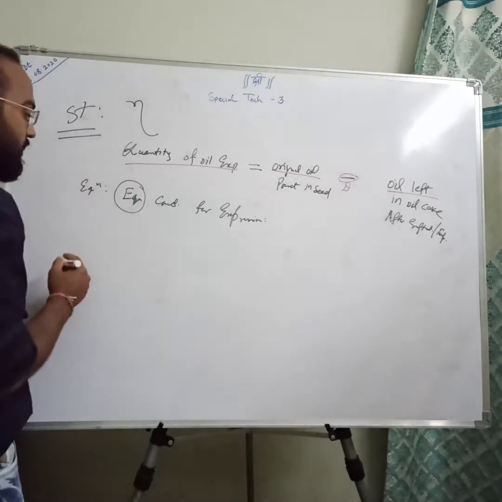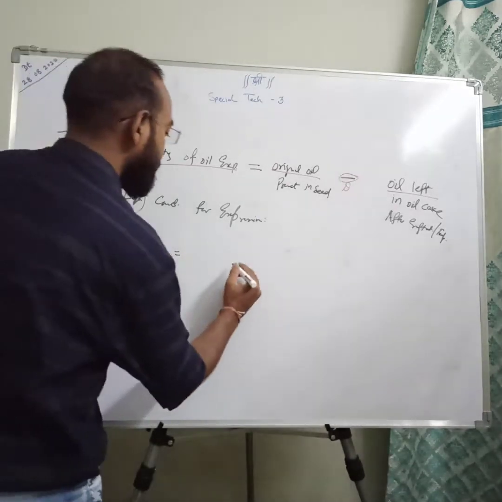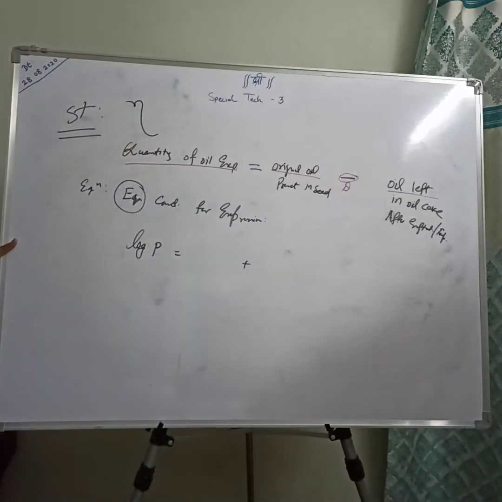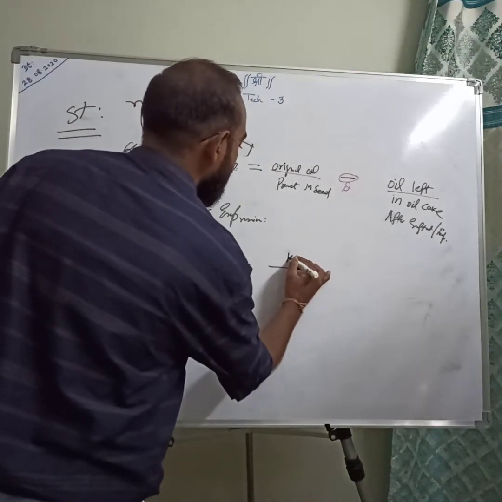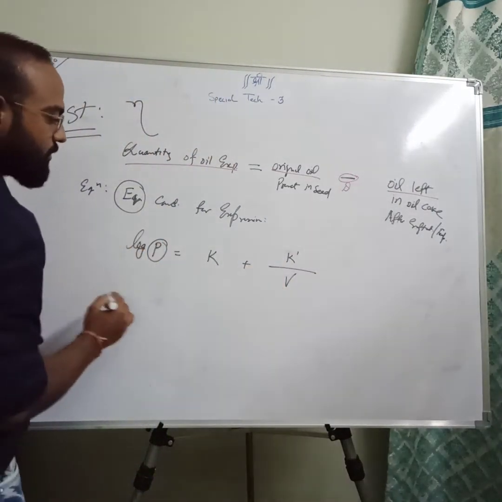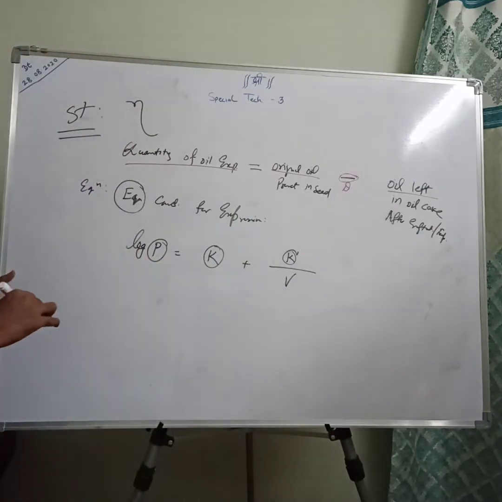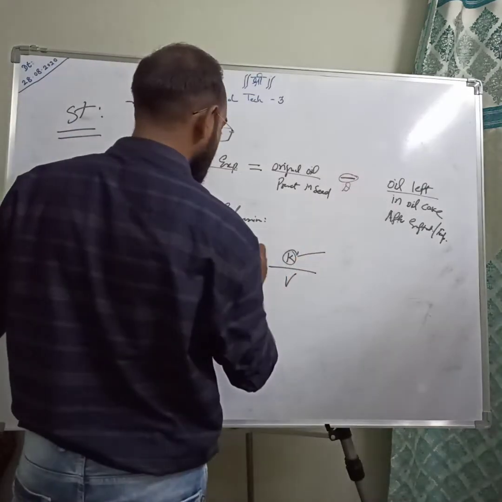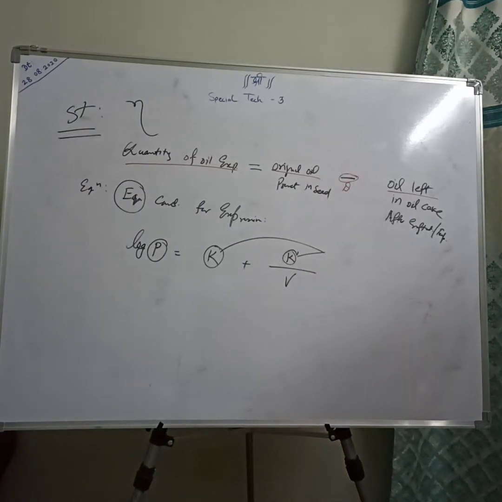They gave us the equation: log P equals K plus K dash upon V. This P is pressure, and K and K dash are fixed parameters. We also know them as constants.